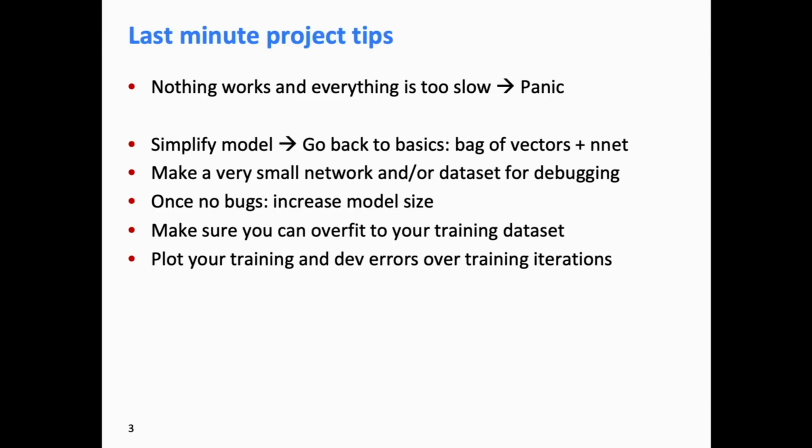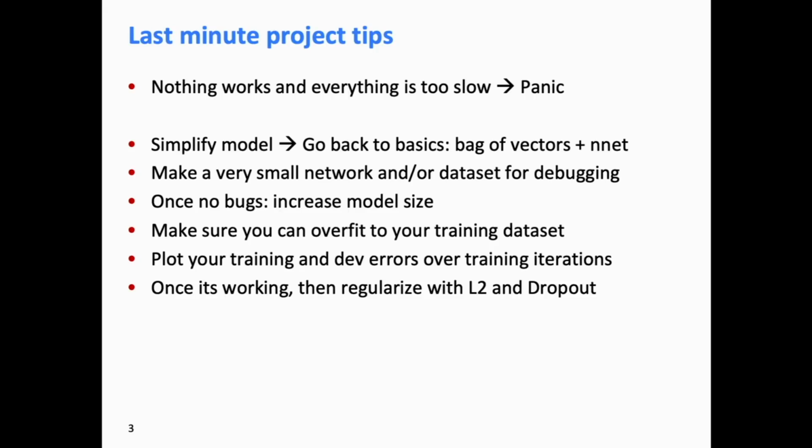Part of the trick of being a successful deep learning researcher is managing to get things done and not wasting a ton of time. So it always helps to plot your training and dev errors as you go along, so that you can tell if things are working or if you should abandon and start again with a new experiment. Things like that save you hours and get you more done.